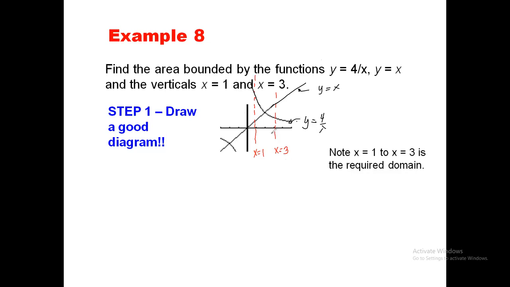So what is the area that we're trying to find? It would have been easier if we were face-to-face, but what do you think is the area that we're trying to find between x equal to 1 and x equal to 3? The area is what?